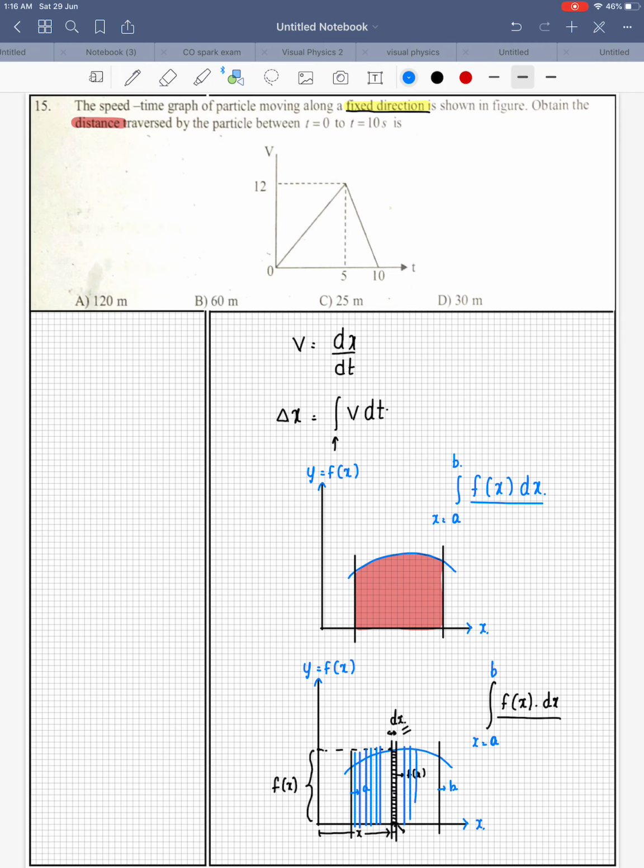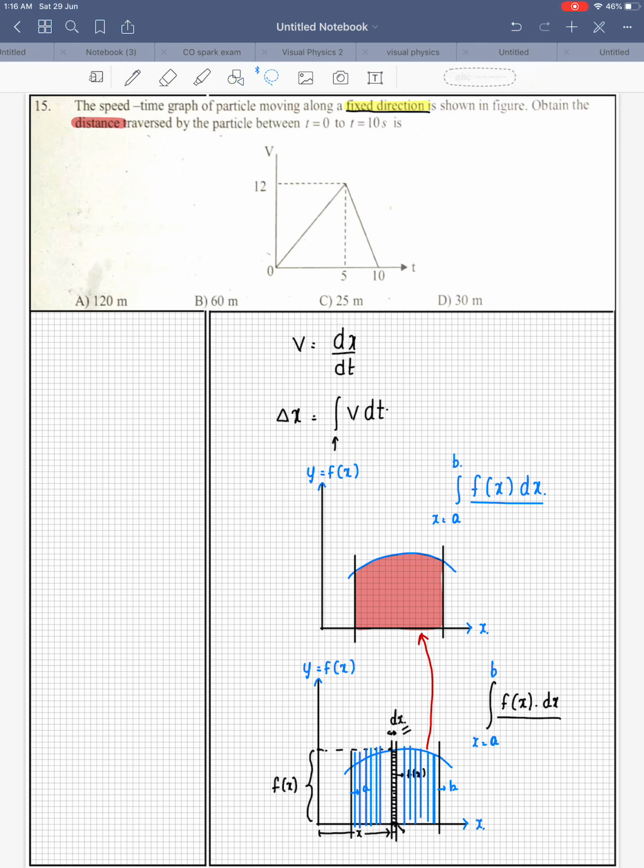Keep summing up all the strips from a to b. That is what it means. Finally what it gives is this particular area. So this is the concept.